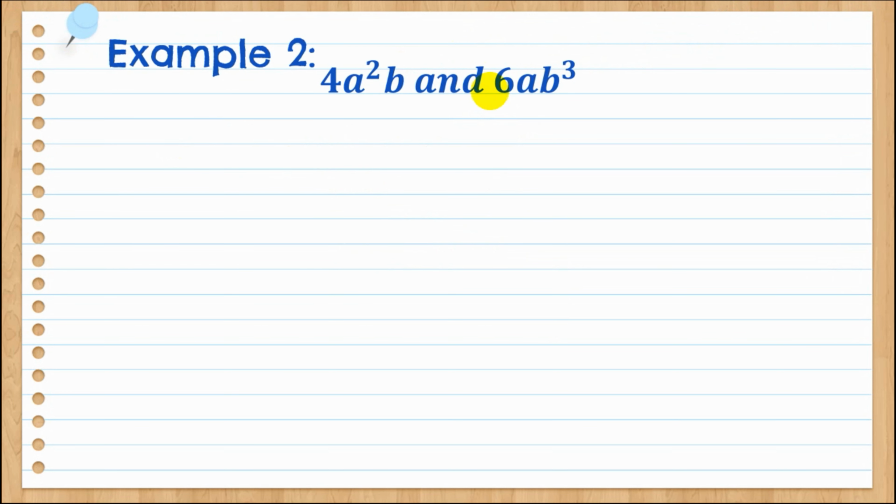Example number 2, we have 4a squared b and 6ab cubed. So, dun muna tayo sa numerical coefficients. So, for the LCM of 4 and 6, list down muna natin yung kanilang prime factors. For 4, we have 2 times 2. And then for 6, we have 2 times 3.